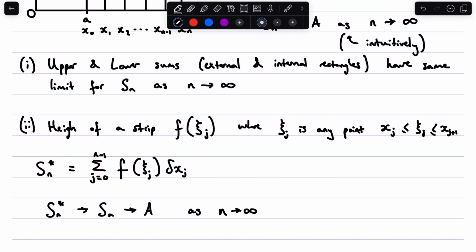And this is a general finding. It formalizes our intuition.